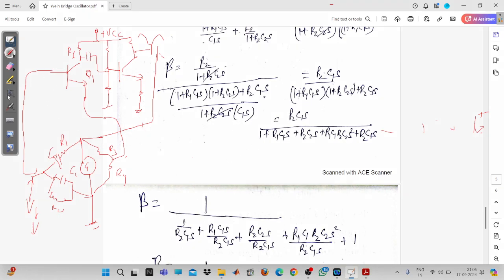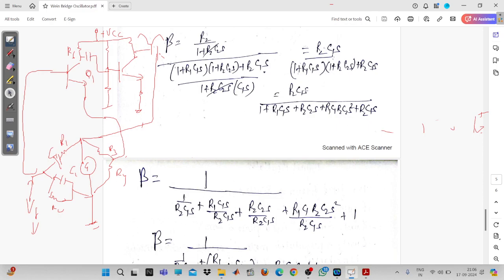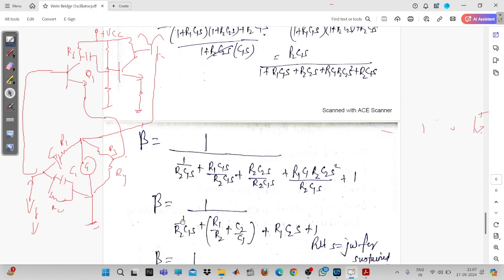So what is going to happen? You can see here, when R2 C1 comes in the denominator, we have divided this entire term by R2 into C1s, right? So this one will be the same only, and this one will be R1 upon R2 C1, and C1 will get cancelled.